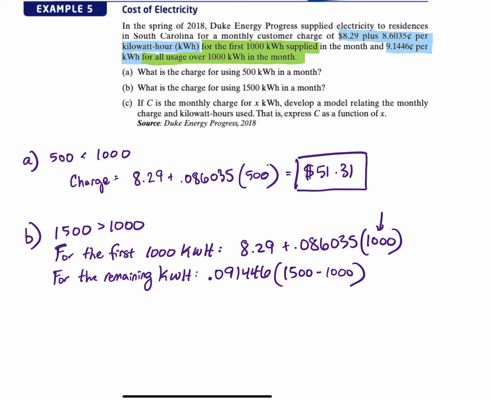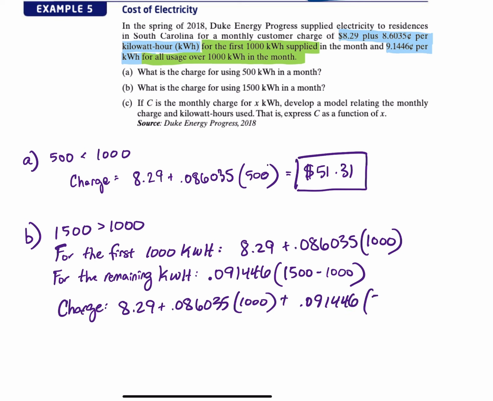So minus the amount that we've already used up. And I'm doing it this way because this will help us build the actual equation. So our charge should be our first bit, 8.29 plus 0.086035 for the first 1,000 hours plus 0.091446 for the remaining 500.